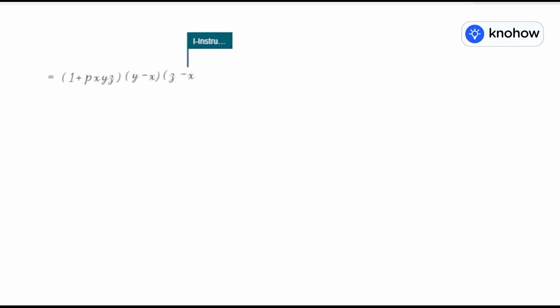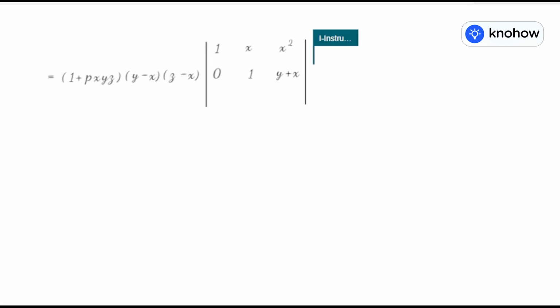Now you are left with the first row as such, and from the second row, having taken y minus x common, you get 0, 1, and the factors of y square minus x square are y minus x, y plus x. Y minus x you have taken common, so you are left with y plus x. Similarly in the third row you will get 0, 1, and z square minus x square has two factors, z minus x, z plus x.